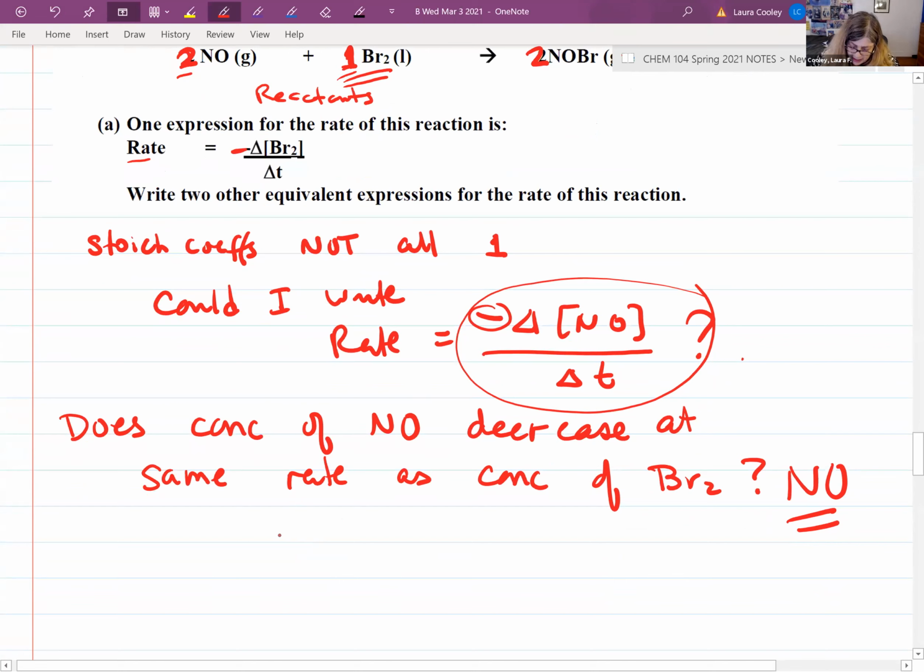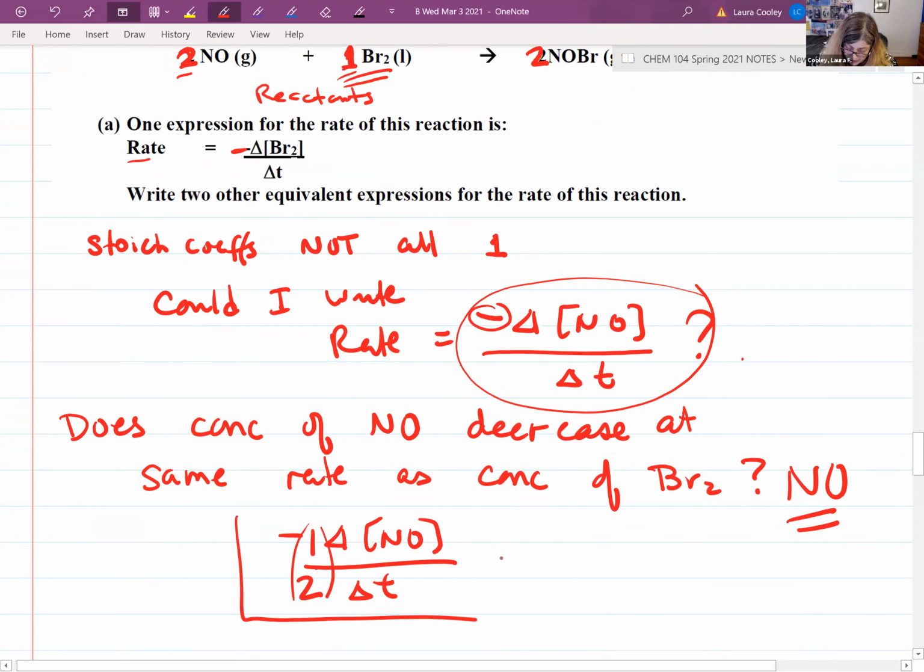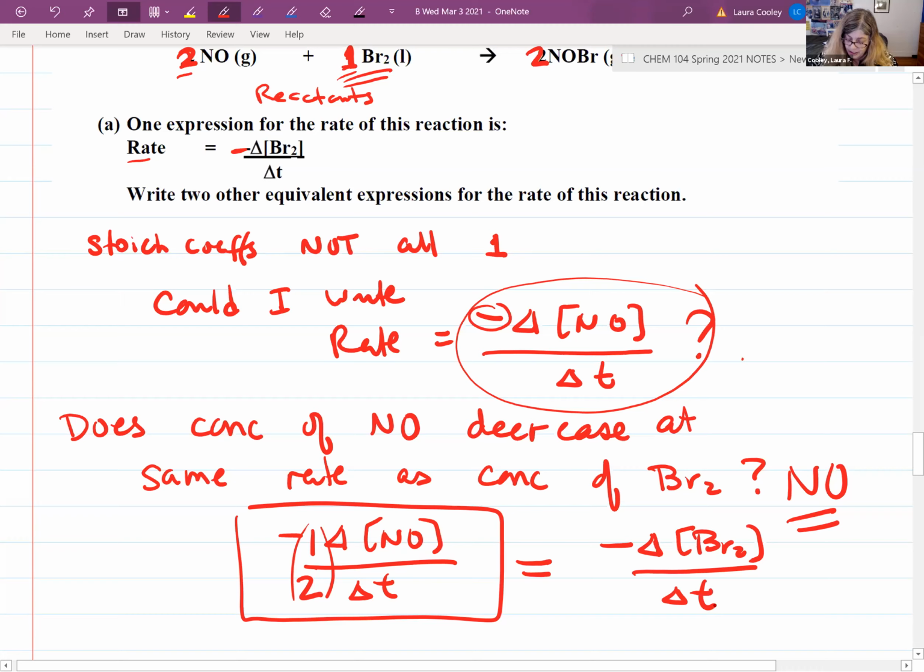You would have to take this rate here and divide it by 2. So multiply it by a half, okay? So I put a half in front of here. And now this is equal to the change in the Br2 concentration over the change in time.